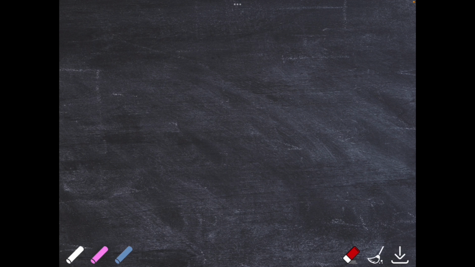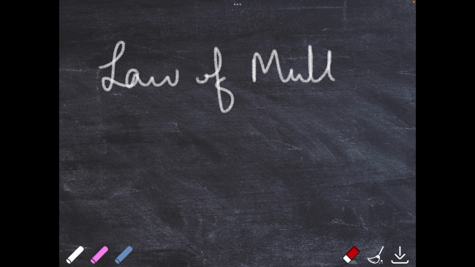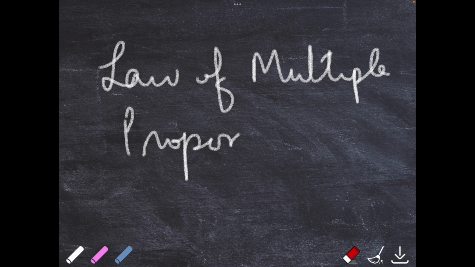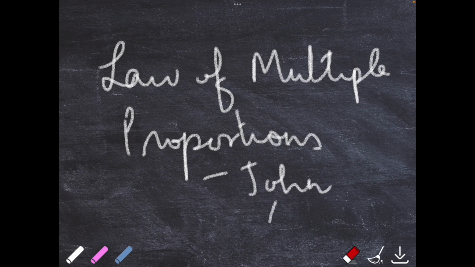So this was the law of definite proportions. Now, the law of multiple proportions was given by John Dalton. Let's consider this. Supposing you have carbon monoxide and carbon dioxide, where the elements in both compounds are the same.